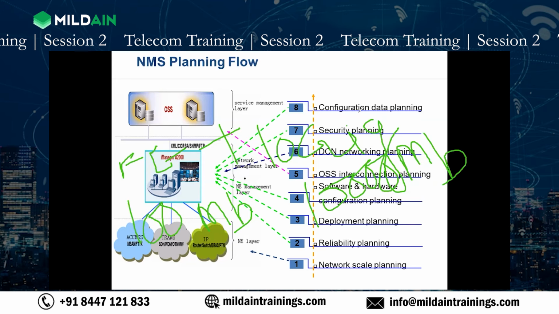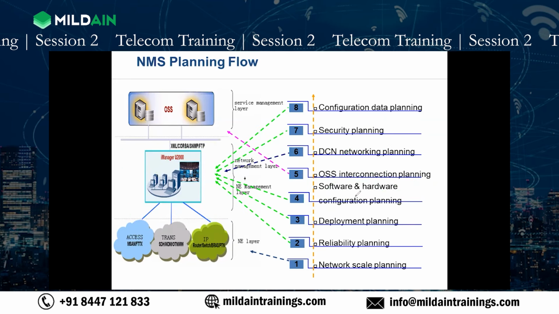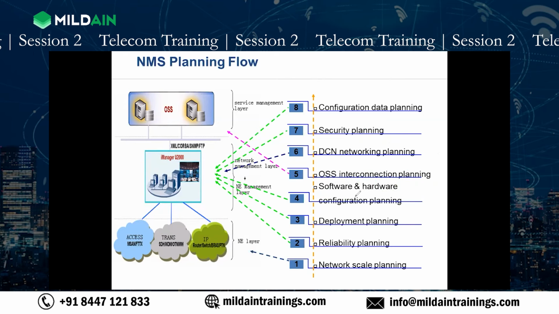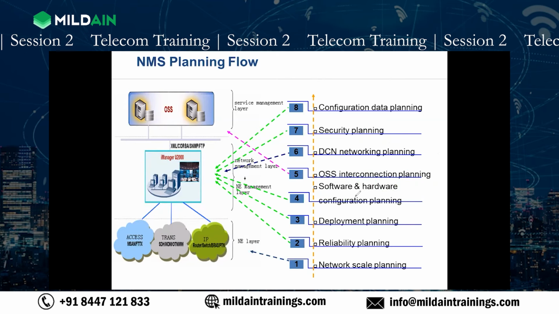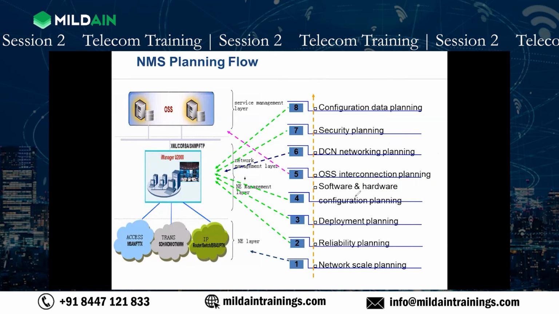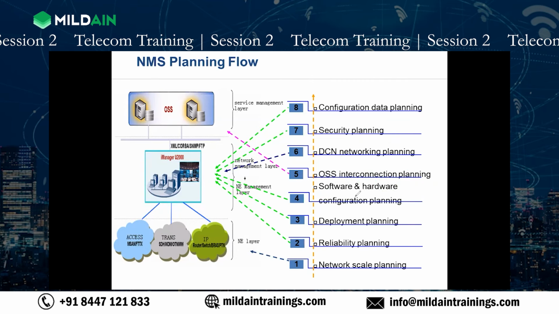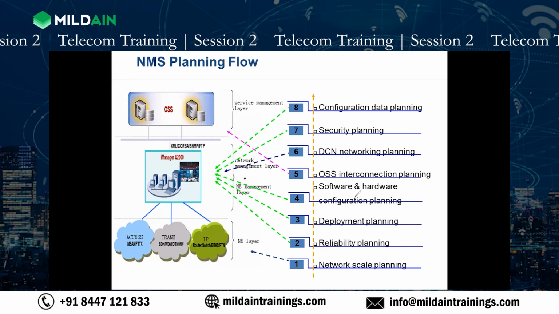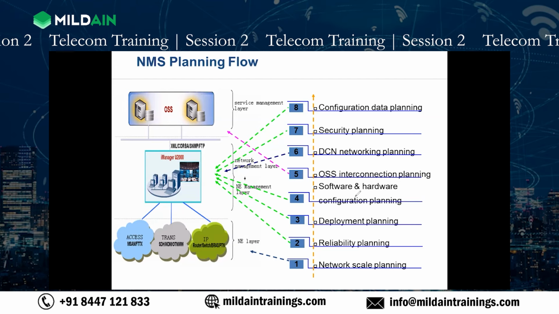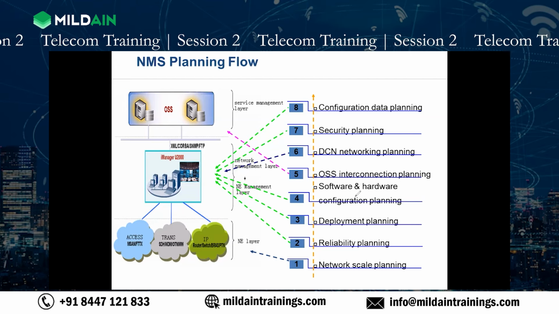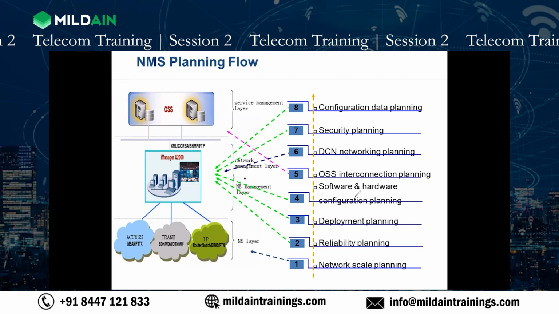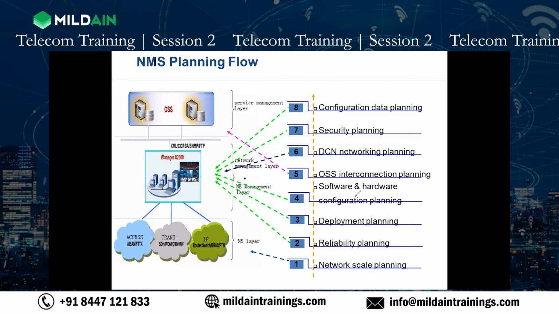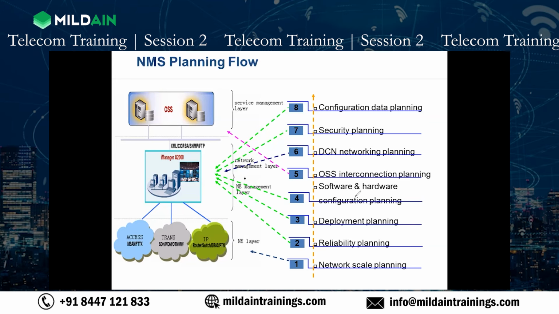Next is software and hardware configuration planning. What hardware? Every equipment has its own processing power, so as per that processing power you need to get the software and licenses, your assets and all. Like in an NMS, if it can handle only 50 concurrent users at a time, why should I buy software that can handle 500 concurrent users?